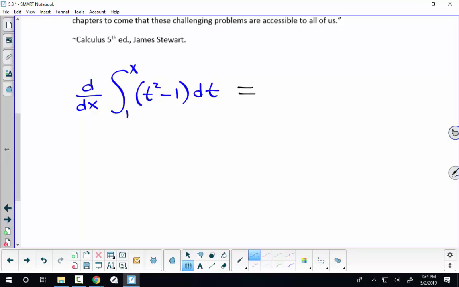X squared minus 1, because we get the x that gets plugged into this f of t.